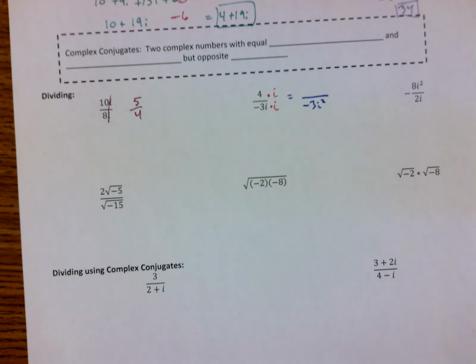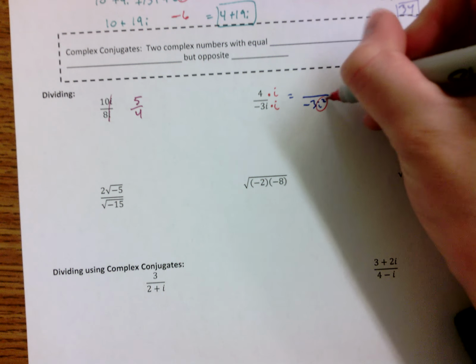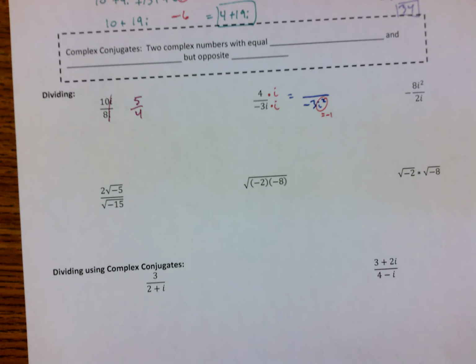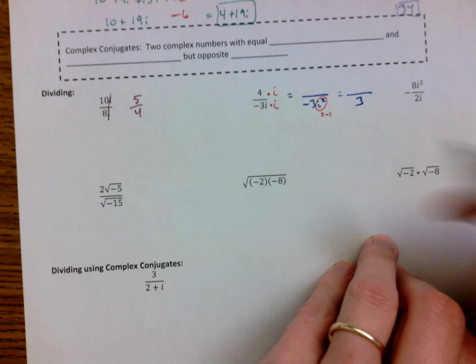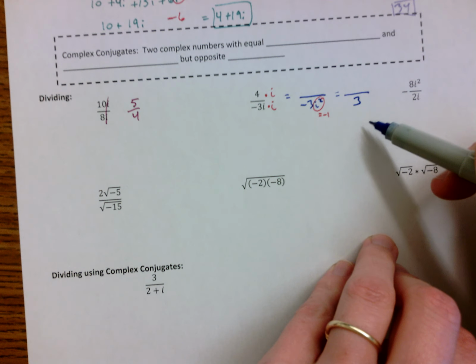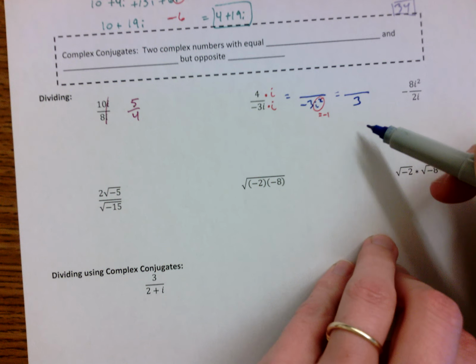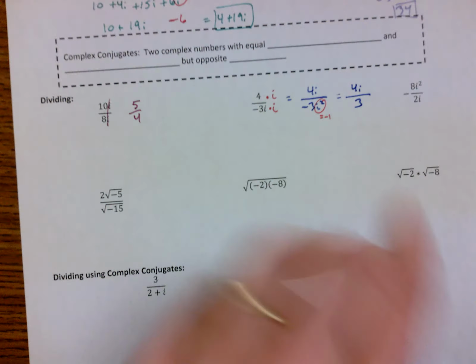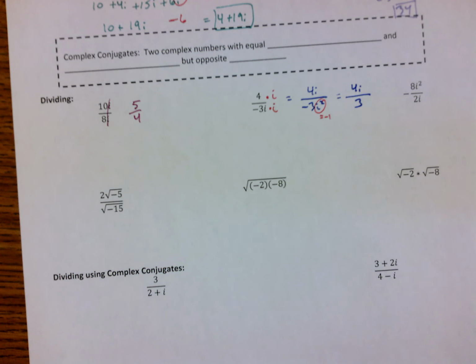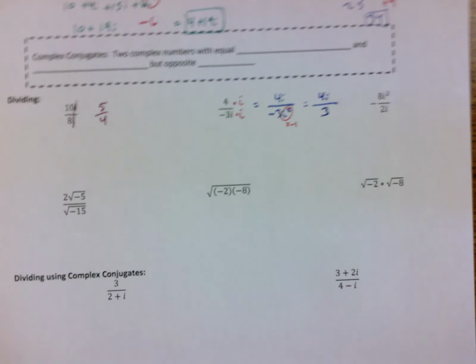And like we talked about before, i squared is the same thing as negative 1. So now I've got negative 3 times negative 1, that's positive 3. By multiplying by i top and bottom, I canceled out the imaginary part. And on the top, 4 times i is 4i. So that's my simplified rational expression.